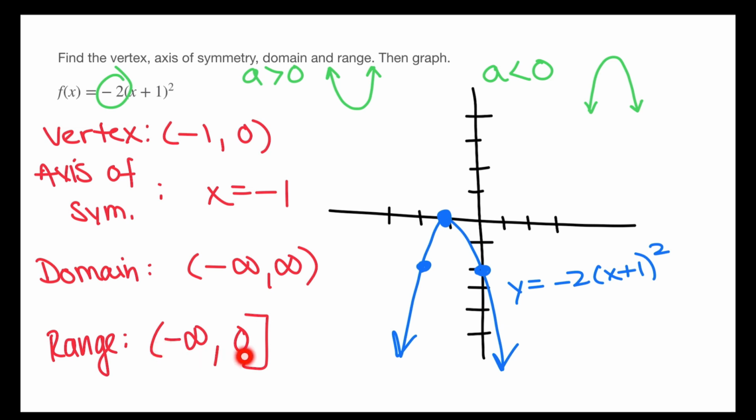So -infinity to 0, including that 0. And again, notice that y equals 0 corresponds with my vertex. So when you're working with quadratic functions, the vertex is always going to be a maximum or a minimum. If the a is positive, the graph opens up, the vertex is a min. If a is negative, the graph opens down, the vertex is a max.